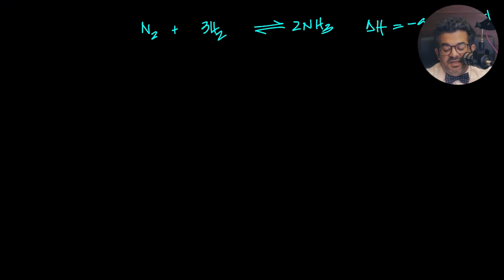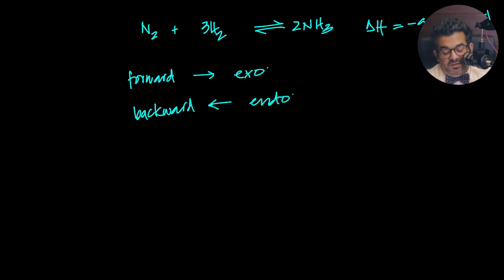What that means is the delta H of the forward reaction is minus 90, and delta H of the backward reaction is plus 90. So the forward reaction is exothermic and the backward reaction is endothermic. And remember, exo means everything becomes hot. Endo means everything becomes cold.